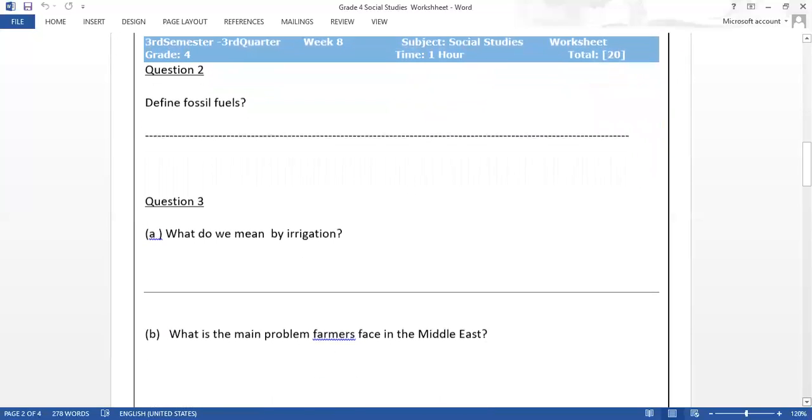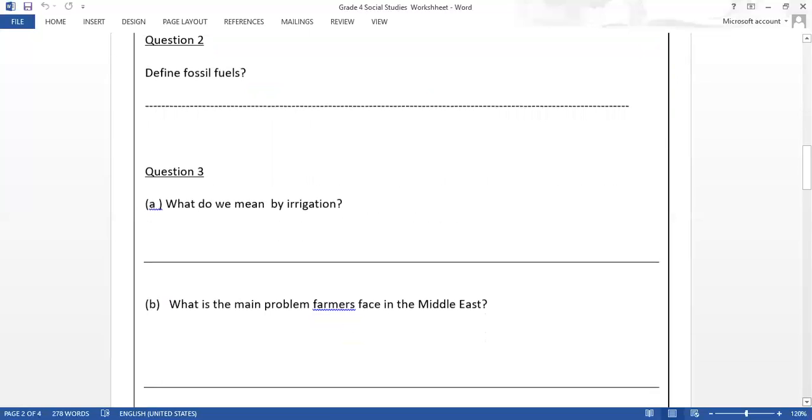What's the main problem farmers face in the Middle East? Because Saudi Arabia is a hot and dry country, the main problem that farmers face is a lack of water.